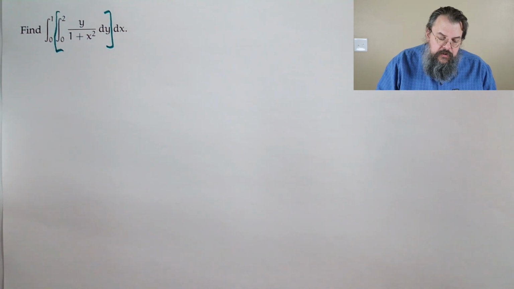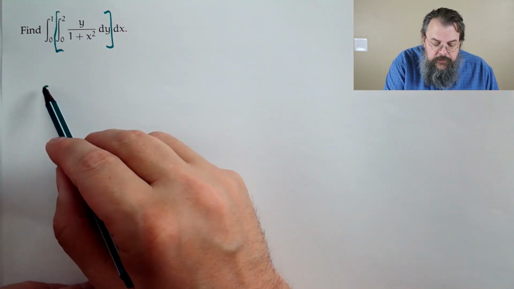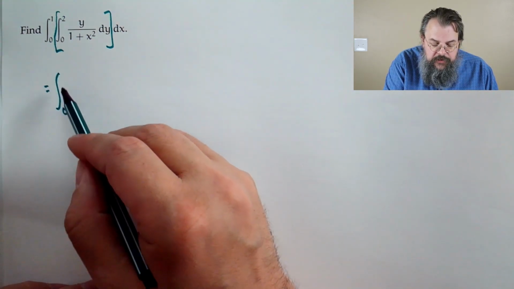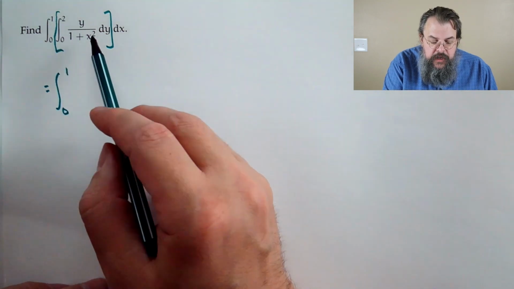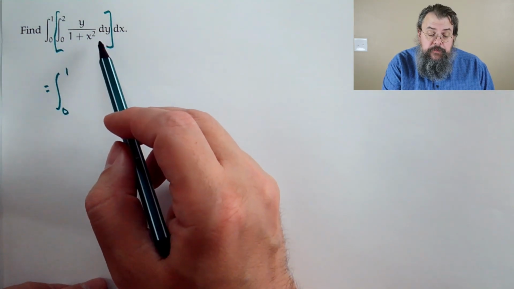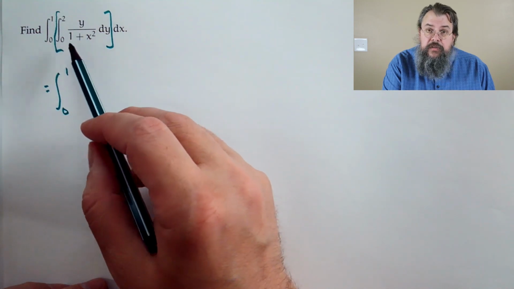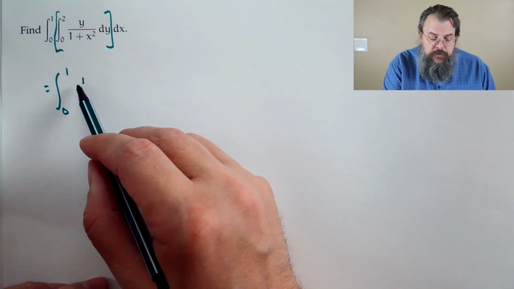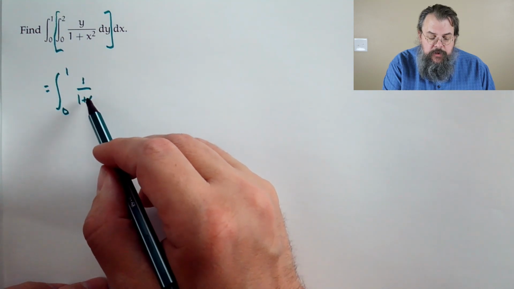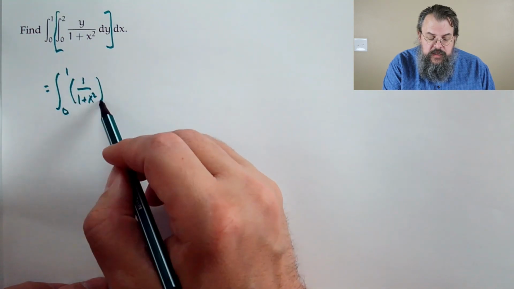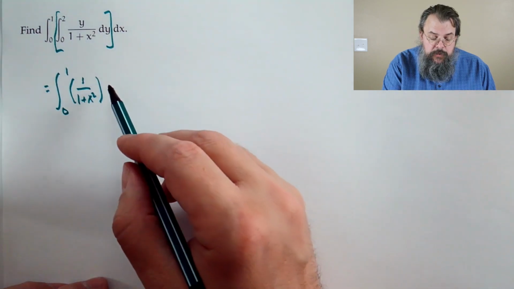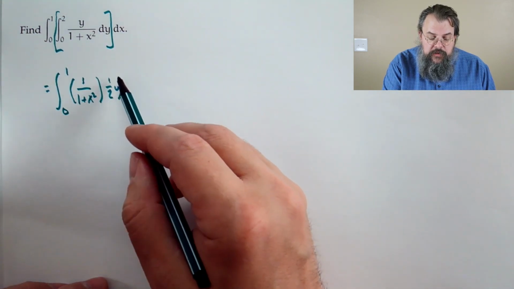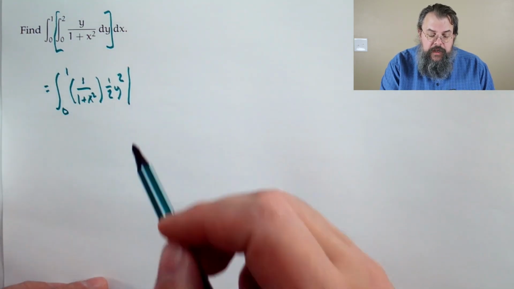All right, so we say, okay, starting with the inside, so the integral from 0 to 1 is still there. We're integrating with respect to y, which means that the x downstairs is being treated like a constant. So we can even remind ourselves of that, right? It says 1 over 1 plus x squared, that constant. And then when we integrate y, we'll get 1/2 y squared. Evaluate.